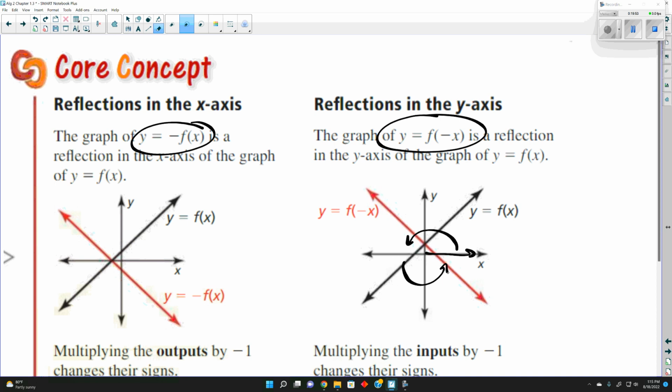Because those are the numbers going in. For across the x-axis, it's taking all the values that were above and moving them below the x-axis, and all the values that were below the x-axis and moving them above when we reflect it across that x-axis. And really we're talking about the y values, the values that come out of the function, the output.